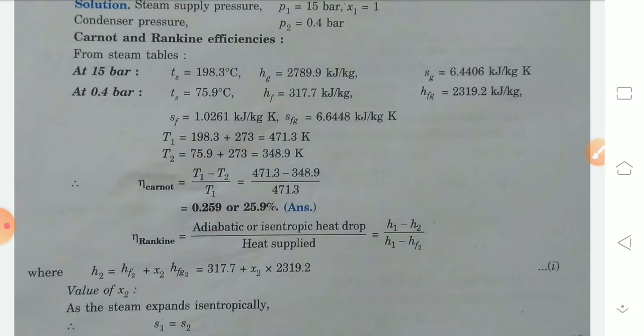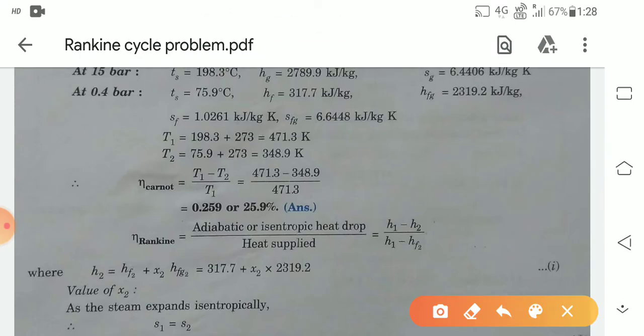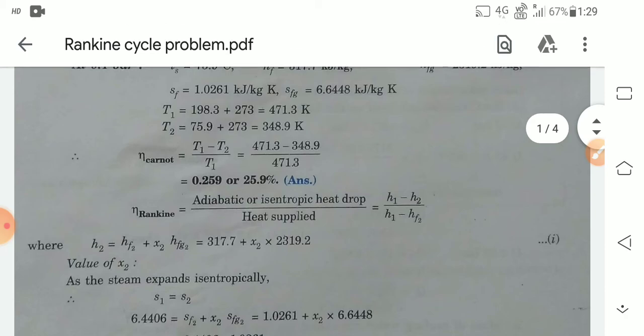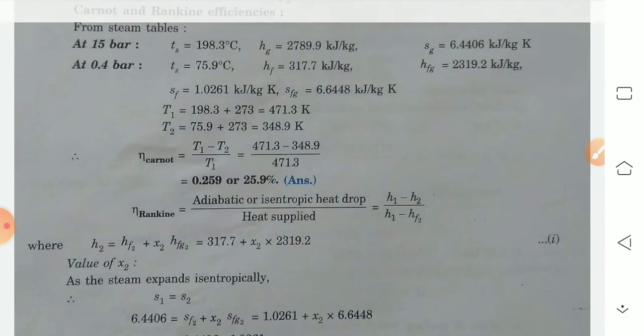Now the Rankine cycle is adiabatic or isentropic heat drops and heat supplied. So Rankine efficiency is, you can write, work done of turbine minus work done of pump divided by heat supplied in the boiler. Here in our problem the pump work is neglected, so you can neglect this value. So only turbine work divided by heat supplied in the boiler.